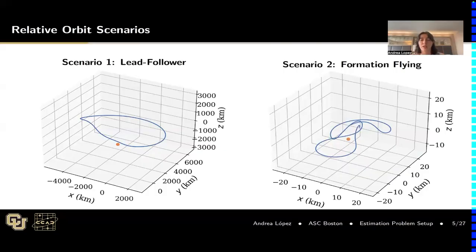In scenario number two, we have our observer in the same NRHO, but the target is on a synchronous quasi-periodic orbit, which means that it's orbiting somewhere around the NRHO and it doesn't have a secular drift.